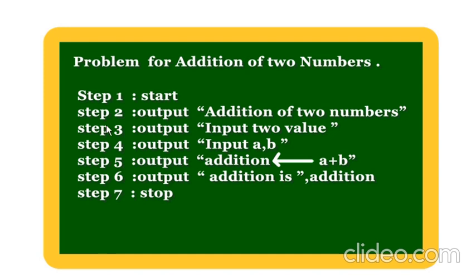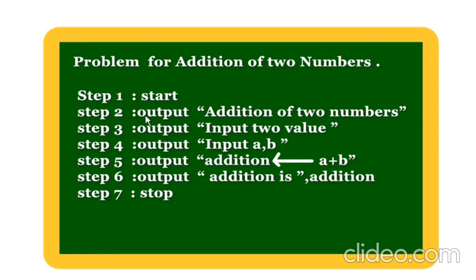So it is the step-by-step representation of our program. Here, addition of two numbers is the purpose of our code. Addition of two numbers is displayed here. It is the output.